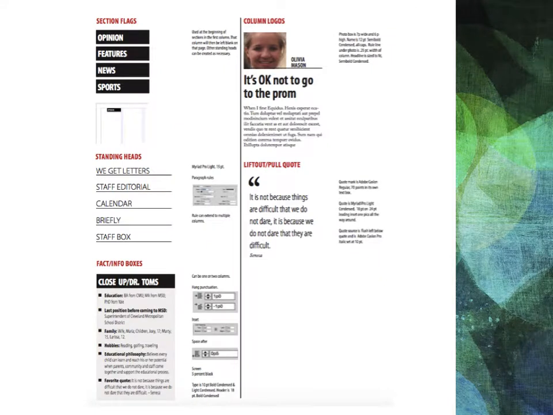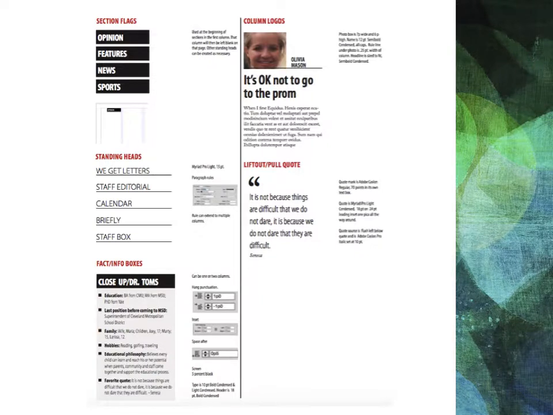All right, so then here's another page where you're looking at some section flags that you might use for each of those, and of course they'd be a little smaller. This is, I believe, for a tabloid size newspaper. Standing heads, different things that you would see in your newspaper on a regular basis.